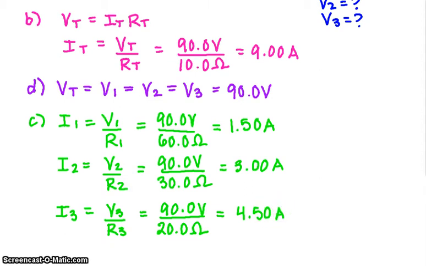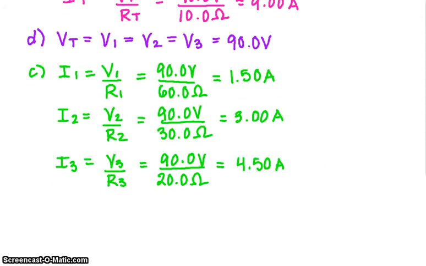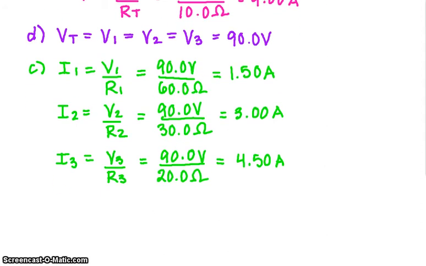Now here's a nice self-check that often happens with circuit problems. You can use one of your rules to check your answer. In this case, we know that the junction rule tells us the total current in this circuit should equal I1 plus I2 plus I3. So this is just a quick check.